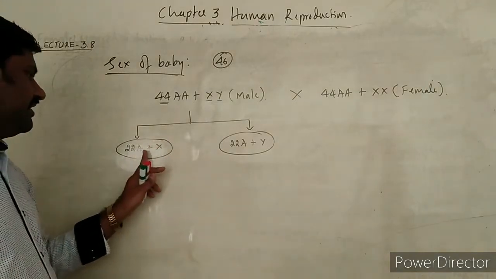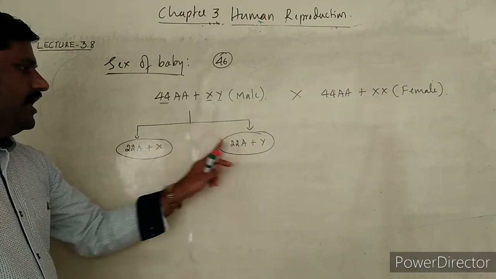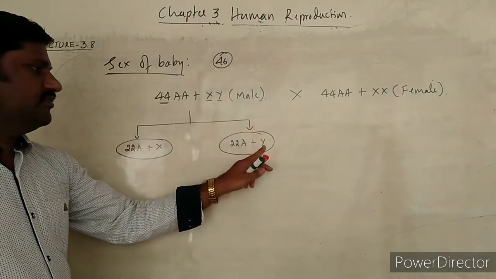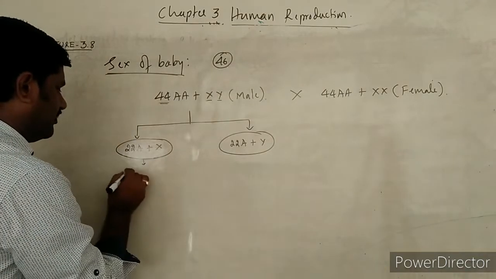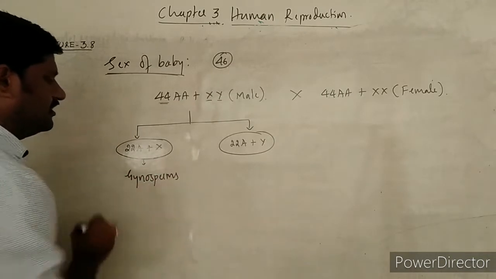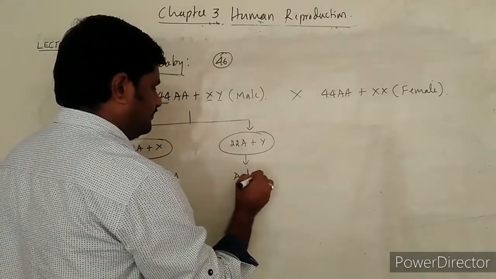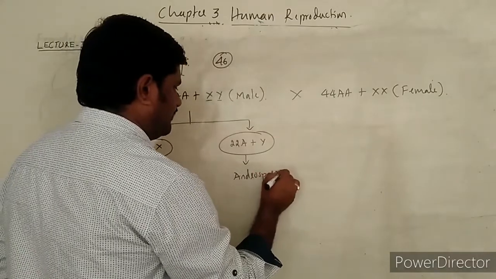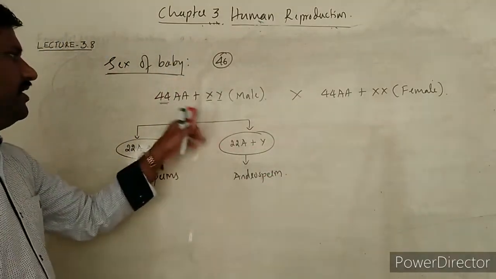One sperm contains X as the allosome and another sperm contains Y as the allosome. This kind of sperm is called gynosperm, and this is called androsperm. So there are two types of sperms produced by the male.